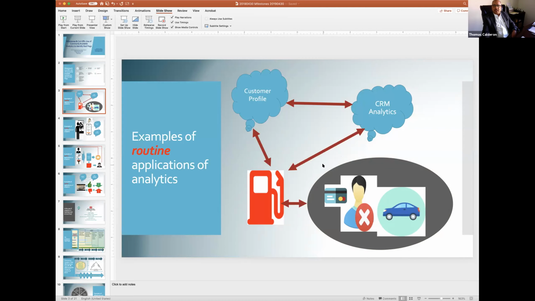He can't purchase gasoline because the analytics that is collected, or the data that is collected from him during his regular purchasing activity, that data is essentially being used to predict what he's going to do and assess whether or not it is likely to be him who is purchasing gasoline at a gas station in Florida.